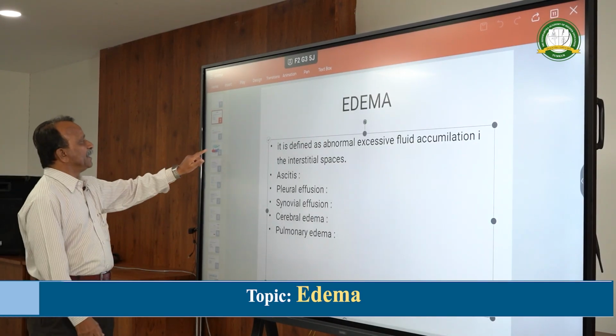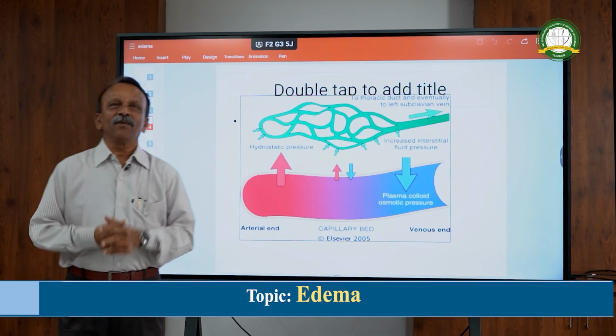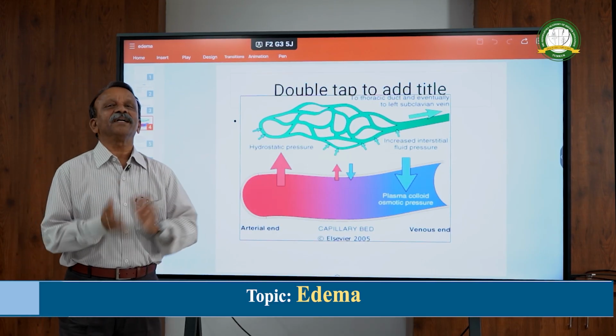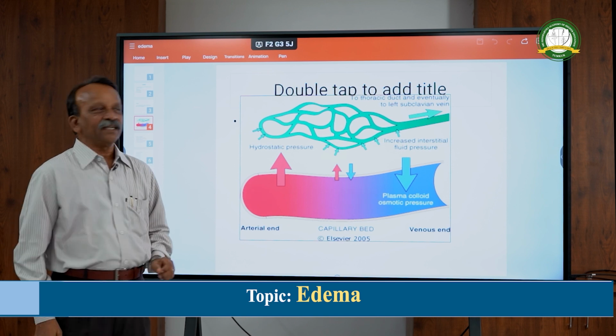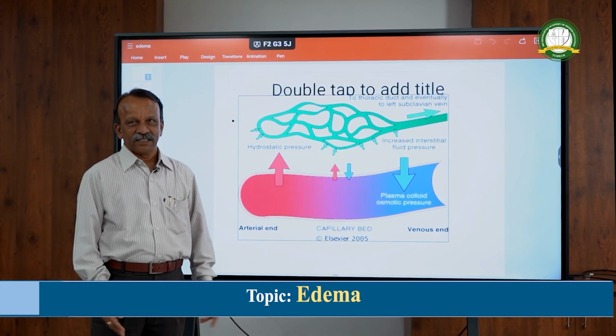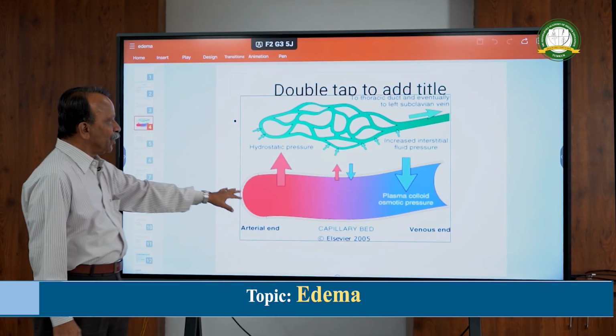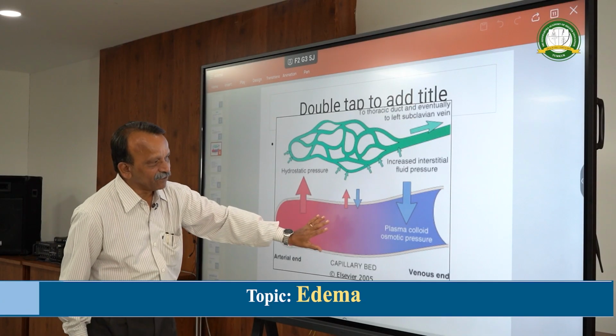Before going into the details of edema, about 60% of our body weight is made up of fluid. The remaining one third is present outside the cells. In this picture, I am going to show you a blood vessel.